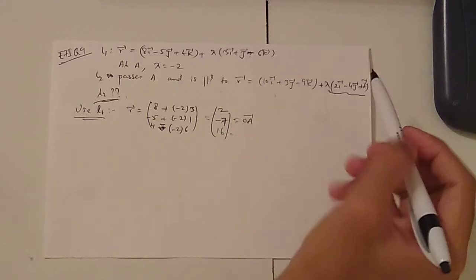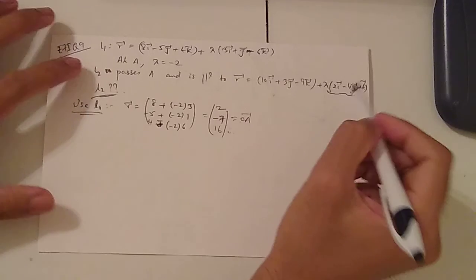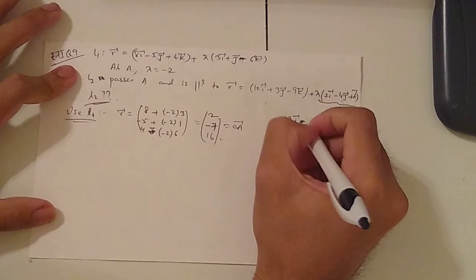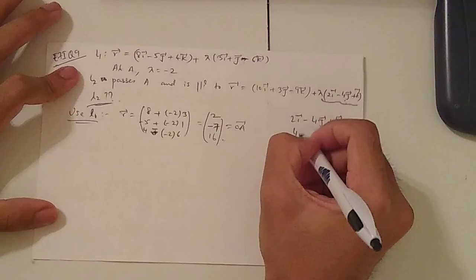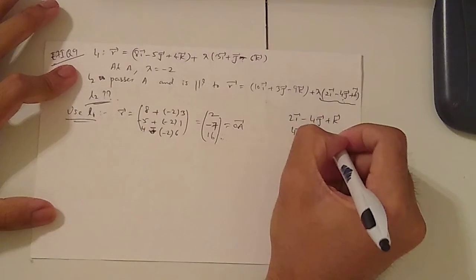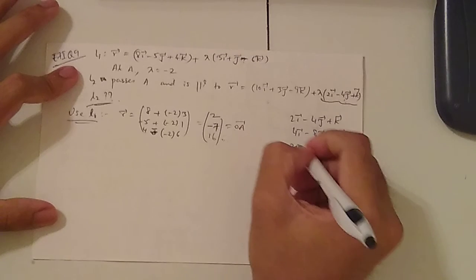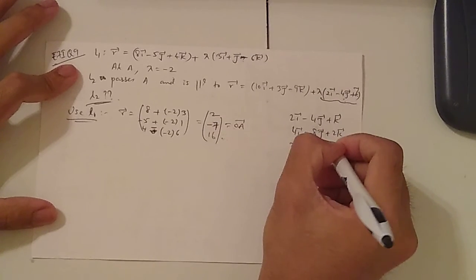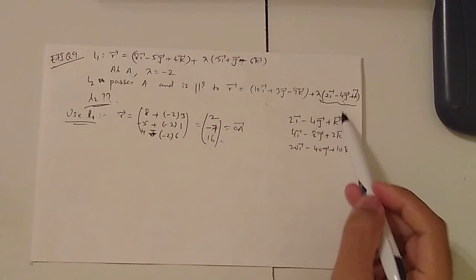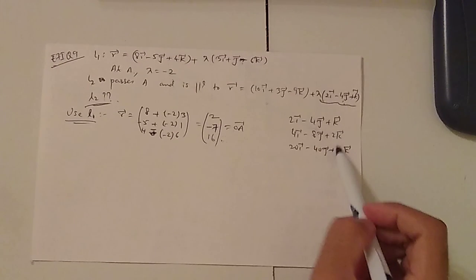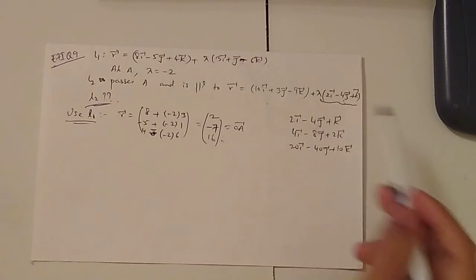So we have a direction vector 2i minus 4j plus k, or it could be 4i minus 8j plus 2k, or it could be 20i minus 40j plus 10k. It does not matter. All these are acceptable vectors, as long as it is the same direction. All these three are in the same direction, they are all parallel to each other.